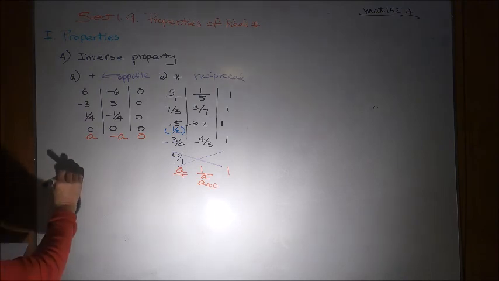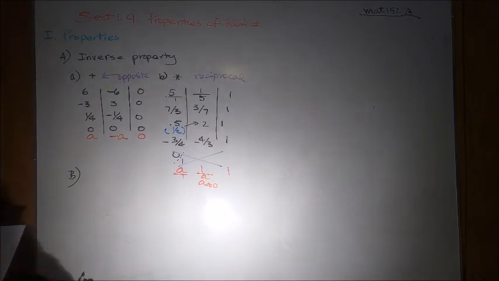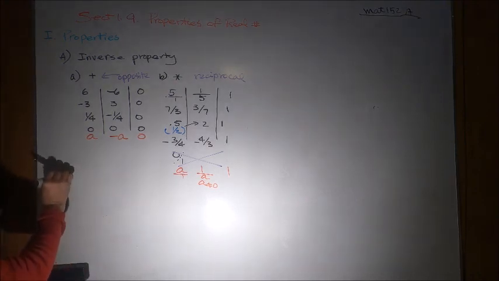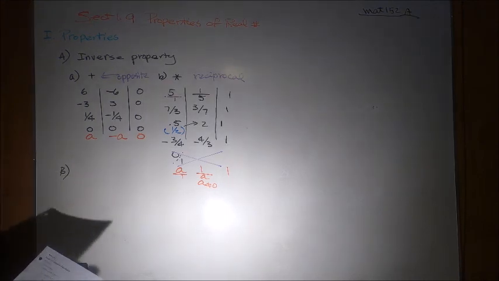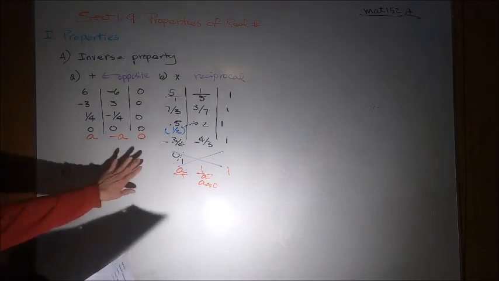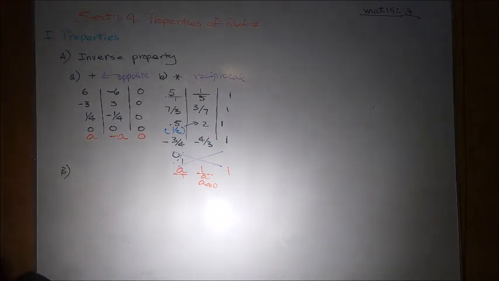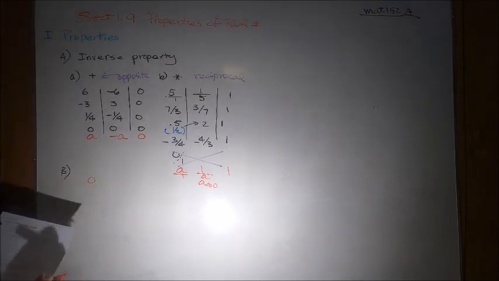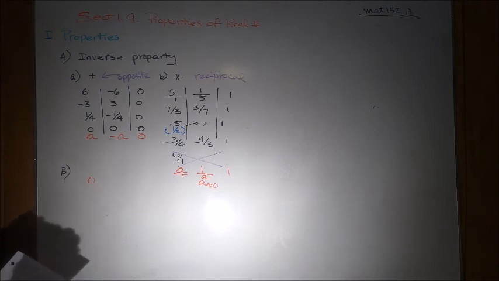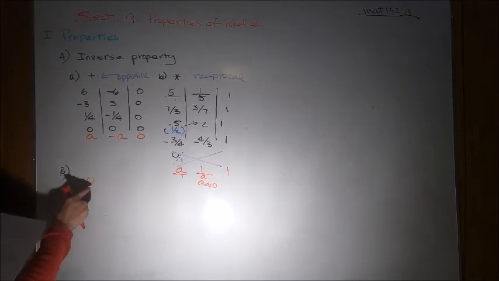Then next one, we are going to talk about the identity property. So for addition and multiplication, they have such properties, something called identity. 0 is the identity of the addition. Why do we call it identity?